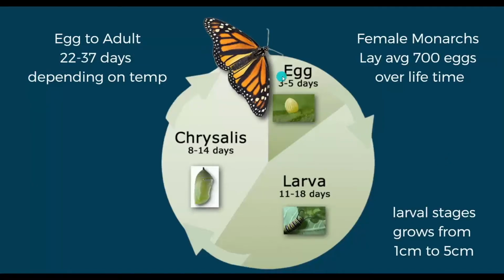The monarch lays eggs that are almost the size of a pinhead. These eggs mature in 3 to 5 days. The female monarch can lay an average of 700 eggs over its lifetime.